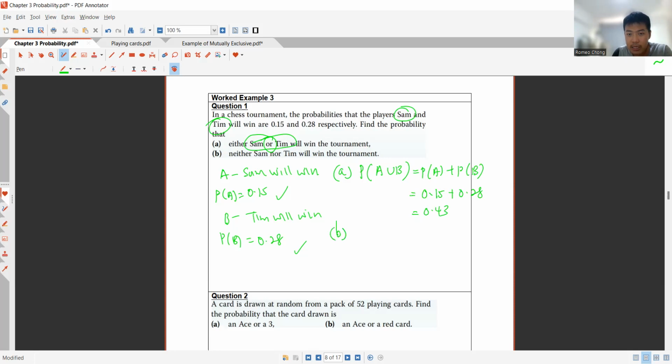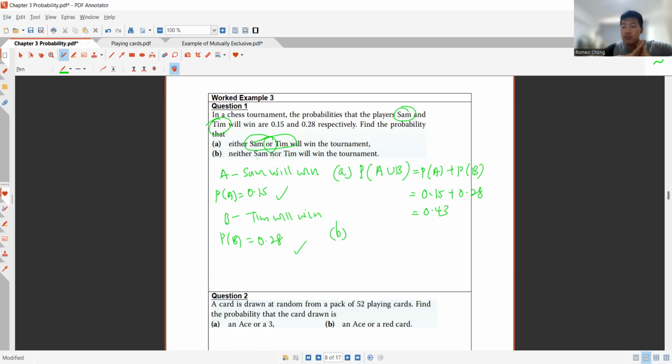Okay, and then for B, neither Sam nor Tim will win. If I want to write this in the form of sets, you will need the complement, because just now in the previous question you were finding the probability that either one will win, either Sam or Tim will win. So it's A union B. But this one is none of them.